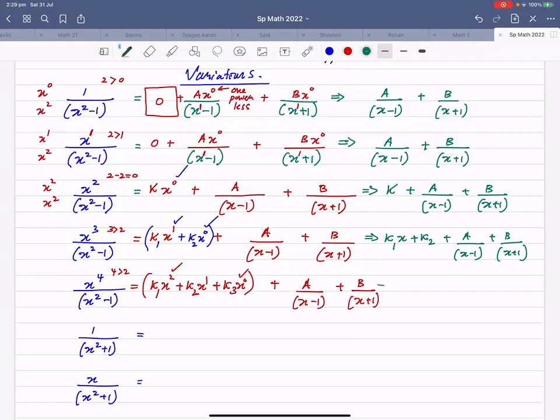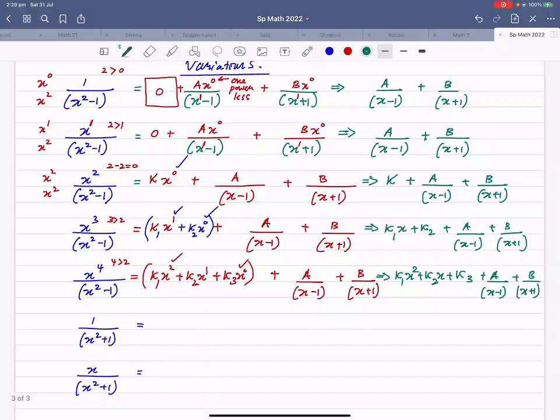Right? So the answer would be K1 x squared plus K2 x plus K3 plus a divided by x minus 1 plus b divided by x plus 1. Now you can see we are writing a fraction in many terms, right? Okay, the next one.